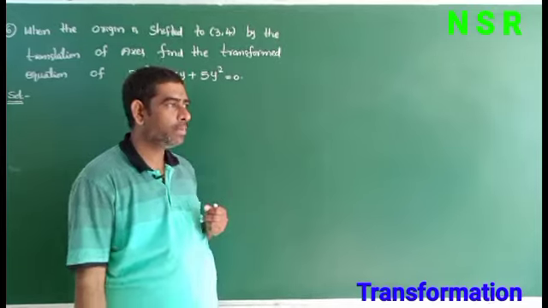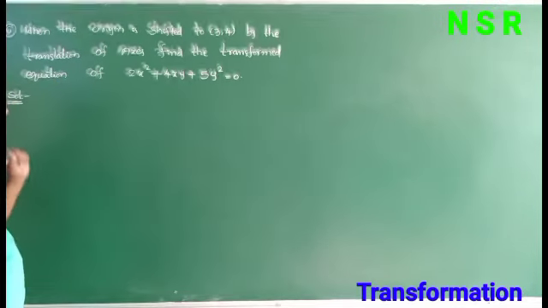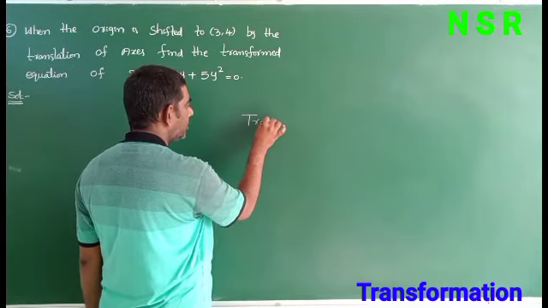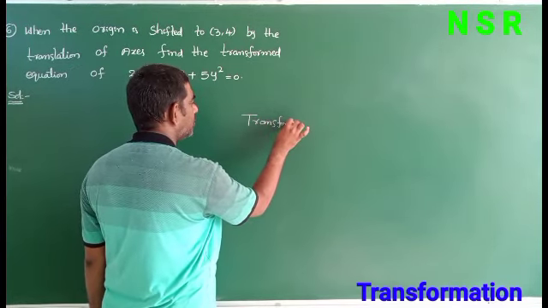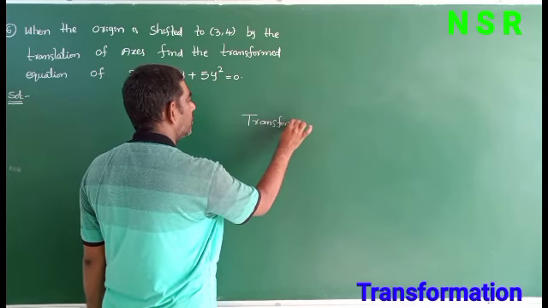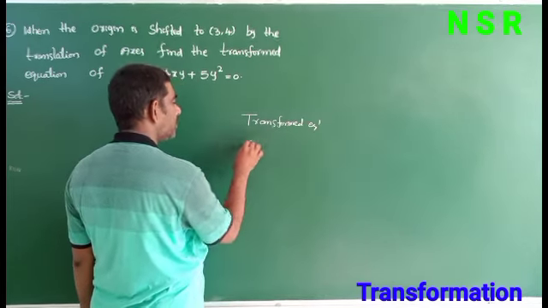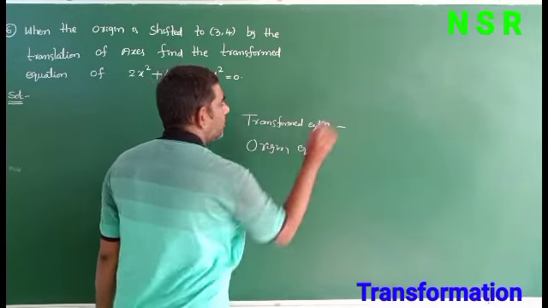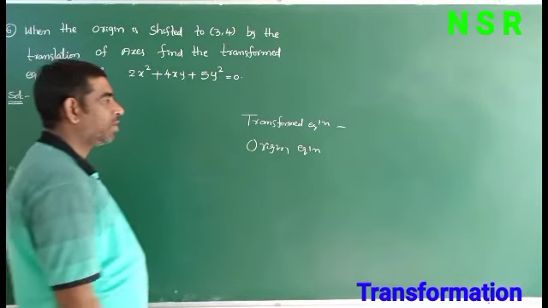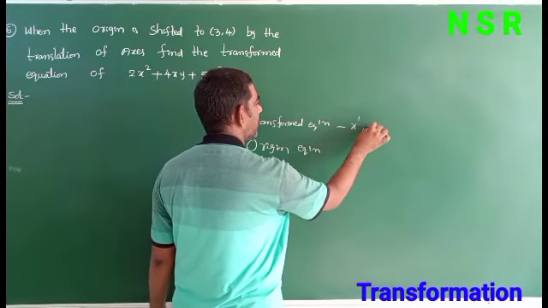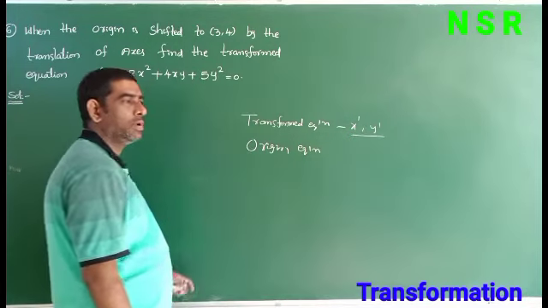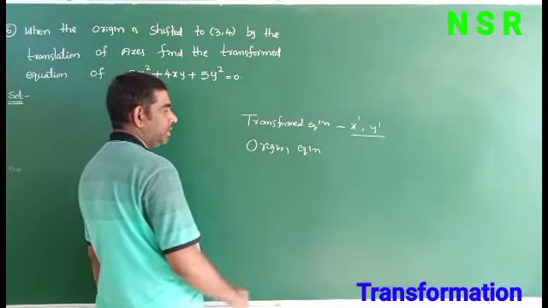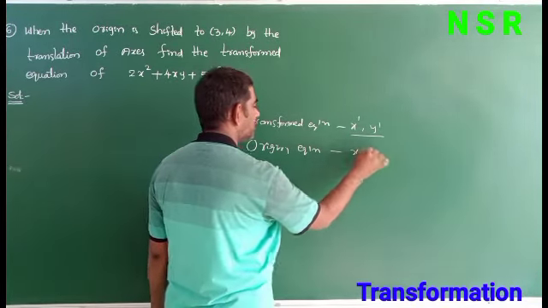Here we have two types of equations: one is the transformed equation, another one is the original equation. The transformed equation is in terms of x dash, y dash, and the original equation is in terms of x and y.